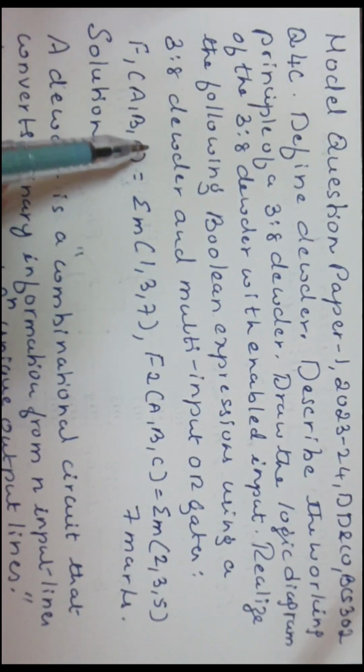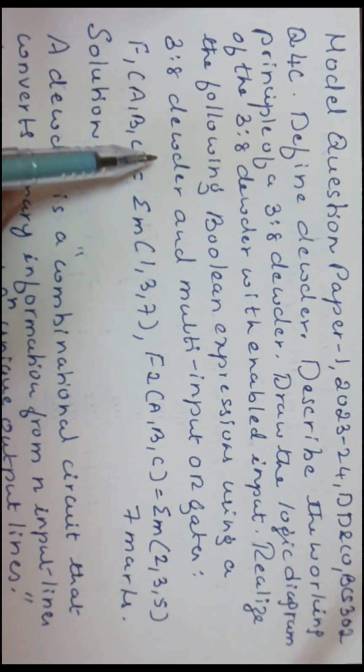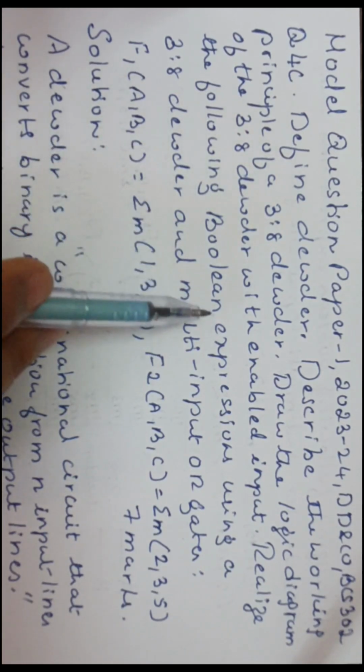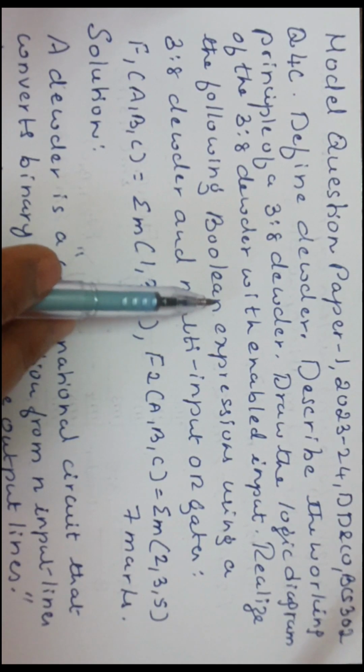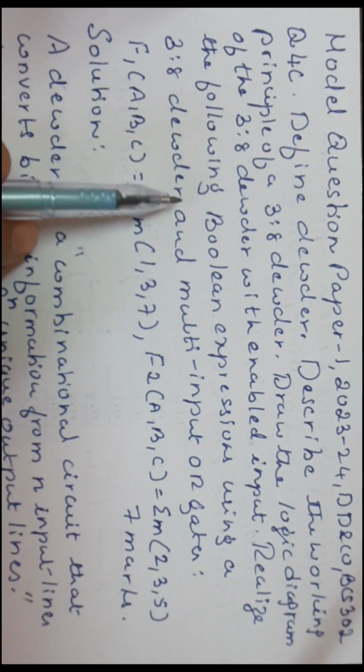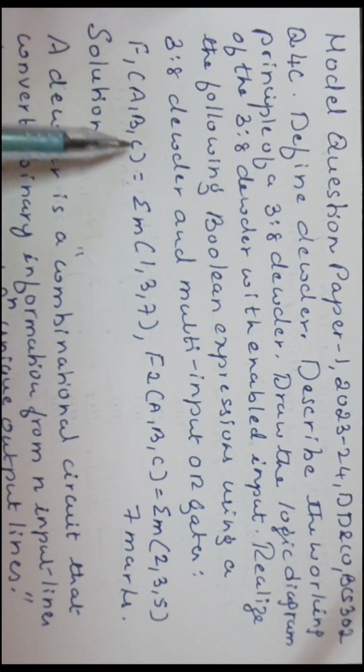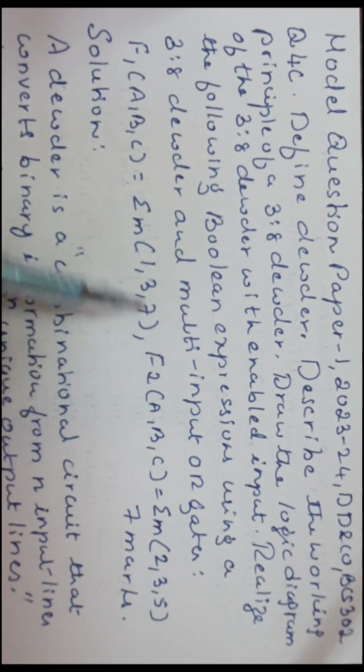So with that we come to the end of the discussion of question number 4c, which is based on the decoder: a 3:8 decoder with enable input, realizing two Boolean functions using the 3:8 decoder.